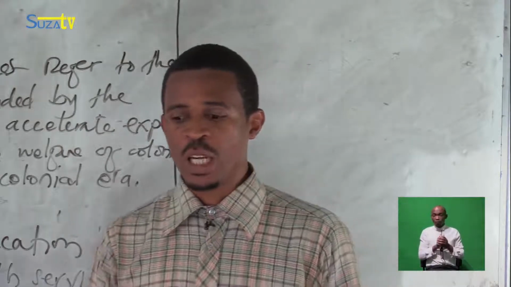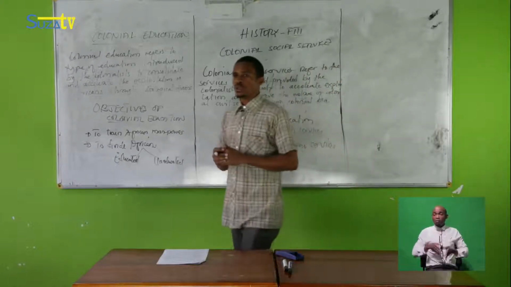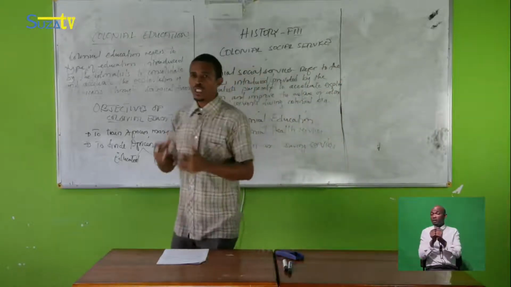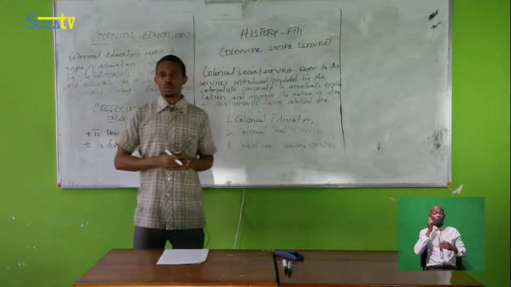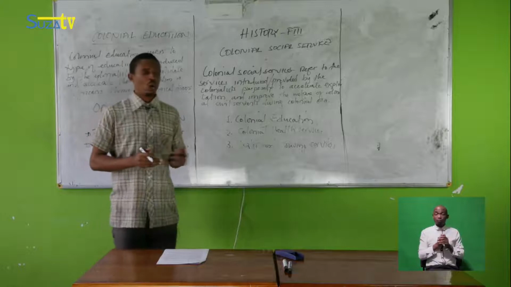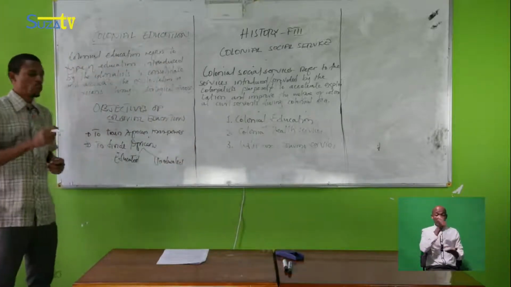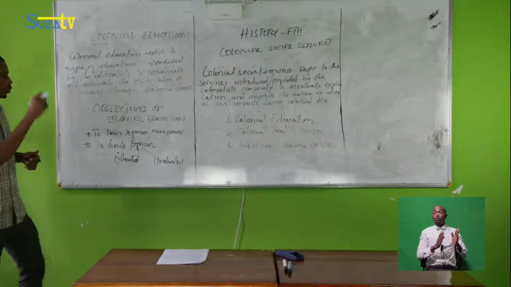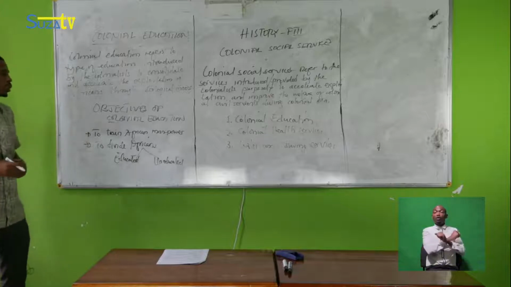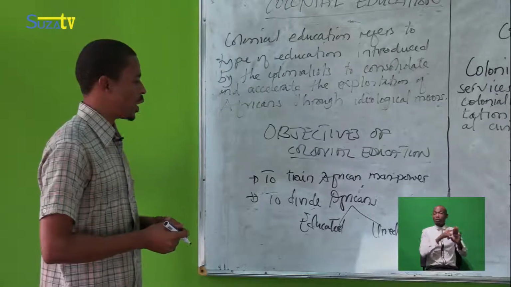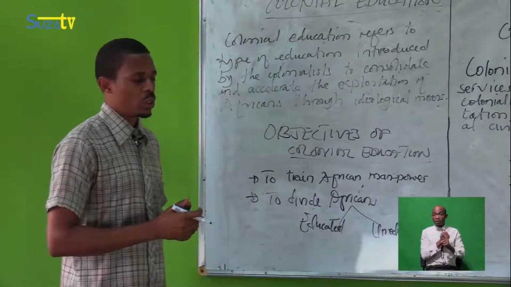How could Africans engage in production of raw materials which were very important in European industries? That's why the whites decided to introduce the so-called colonial education to the Africans in order to get raw materials.